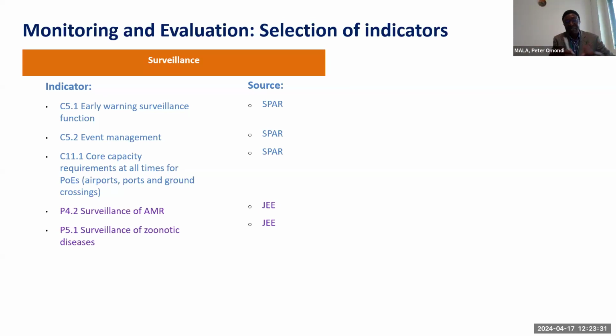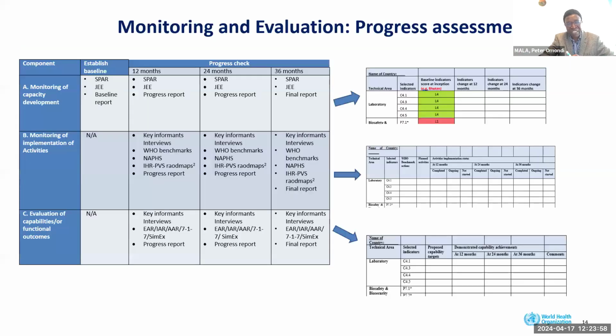So that gives you an overview of how you're going to work with this tool to select your indicators for these three high priority areas. And as I said before, if you choose additional areas beyond these three, you'll apply the same principles, and we are here to support as necessary. Next, and I think we'll be close to the end.